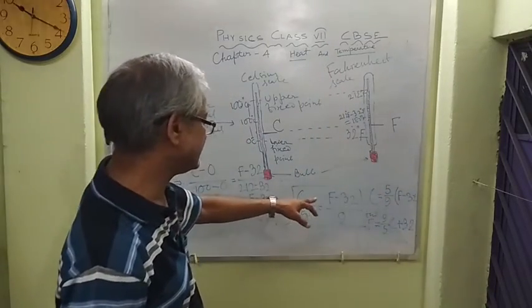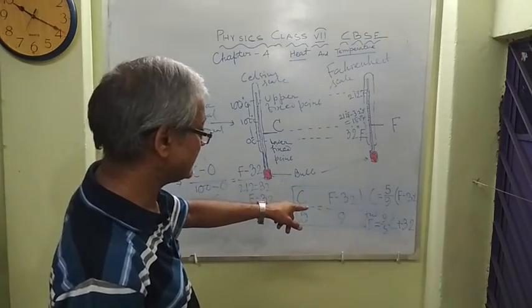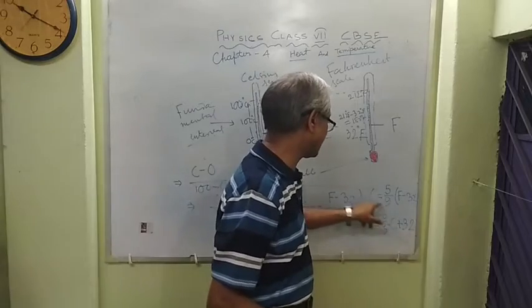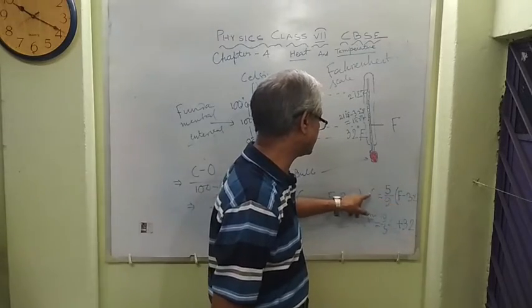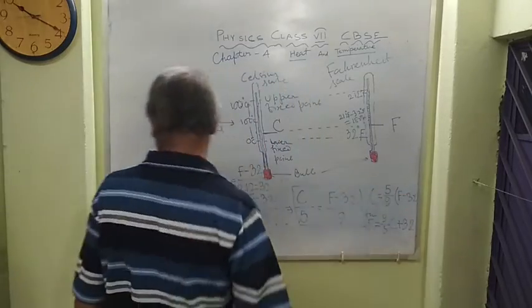Hence, we obtain C in Celsius scale. If we convert Celsius scale into Fahrenheit scale, we use this equation, and if we convert Fahrenheit temperature scale to Celsius scale temperature, we use this equation.